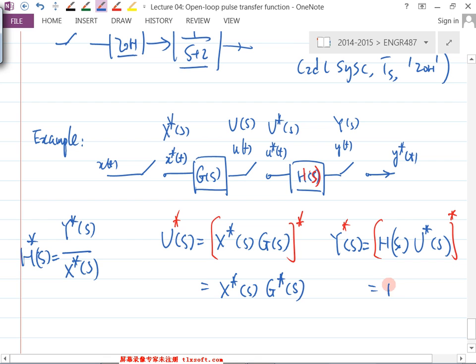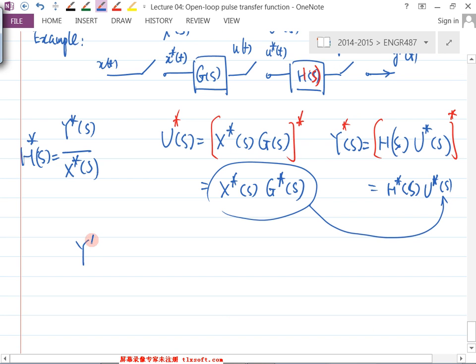And this one here gives me h star and u star. So apparently, where's the u star of s? Here, right? It's this. And I can plug it into here, right? So ultimately, what do we get for y star of s? We get h star of s times x star of s, and then, well, let's maybe write g first. So everything is star.